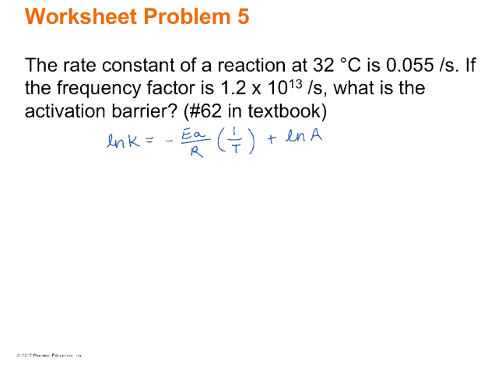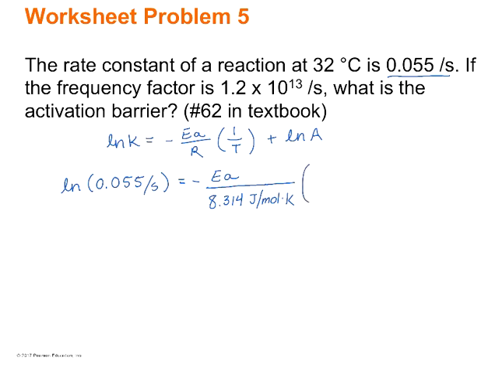All right, so let's plug in everything that we know. So we're told that the rate constant is 0.055. So we'll plug that into our K value here. And then we don't know what the activation energy is, so we'll leave that as EA. But we do know the gas constant. And then we're also told the temperature. But the temperature is in Celsius, so maybe we should quickly convert that to Kelvin.